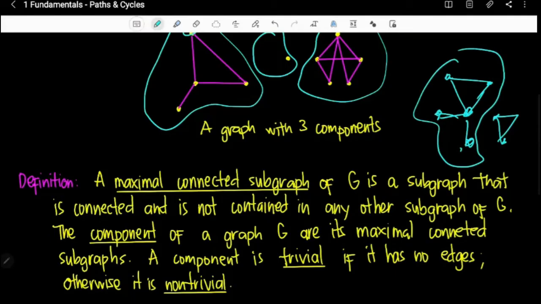A component of a graph G are its maximal connected subgraph. A component is trivial if it has no edges, otherwise it is non-trivial. So, ganun pa din. Pag isang point lang, yan. Pag null graph, so yung mga null graph, mga trivial component siya.